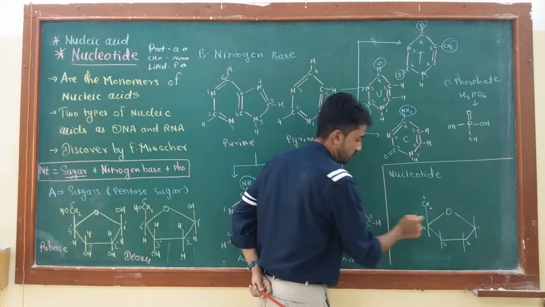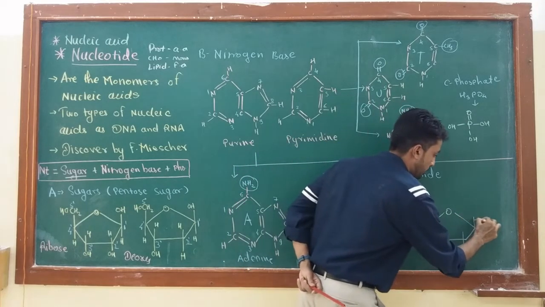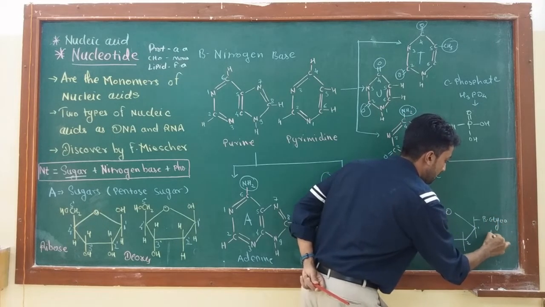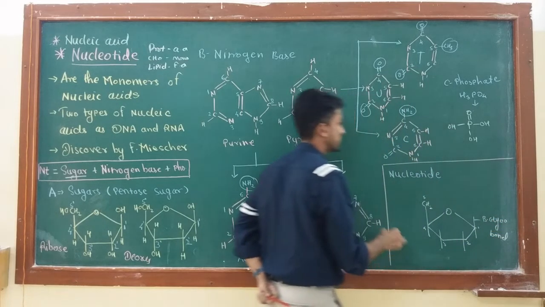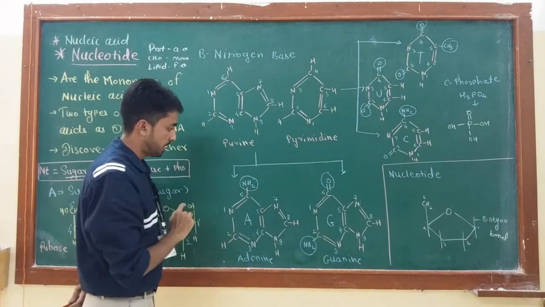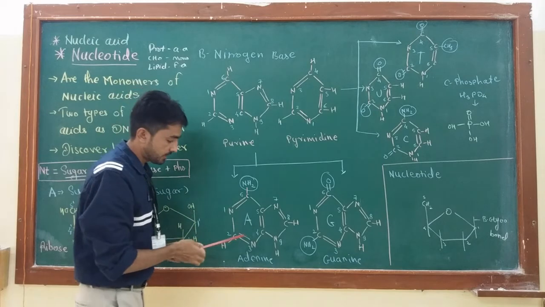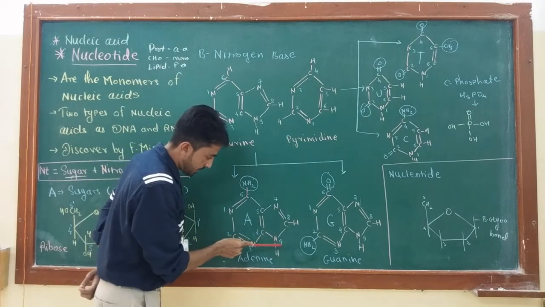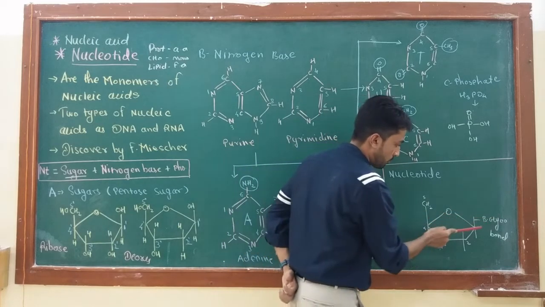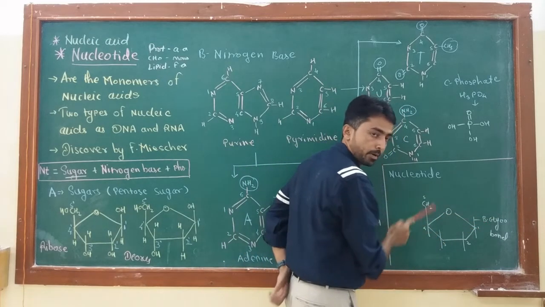Now, the pentose sugar form glycosidic bond, beta glycosidic bond with any one of this nitrogen base. If I take adenine, in that case the 9th position nitrogen form glycosidic bond with first position of pentose sugar.